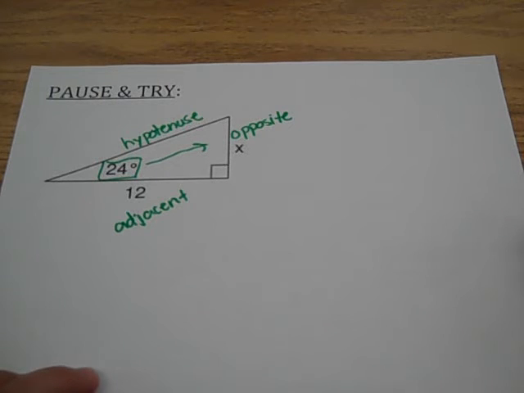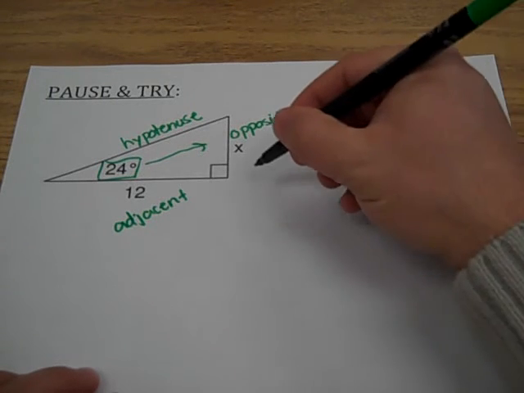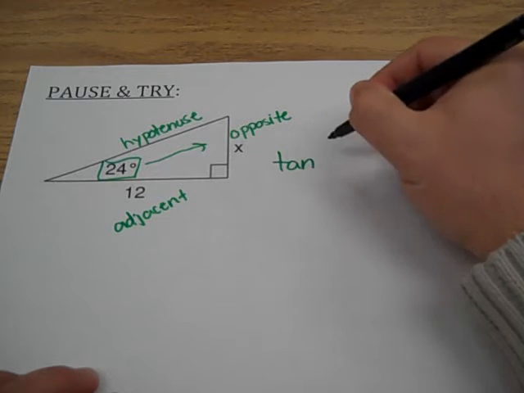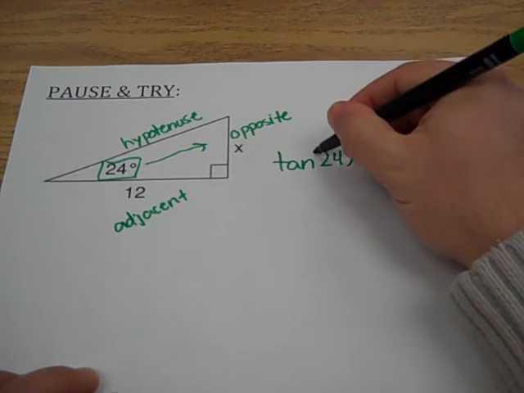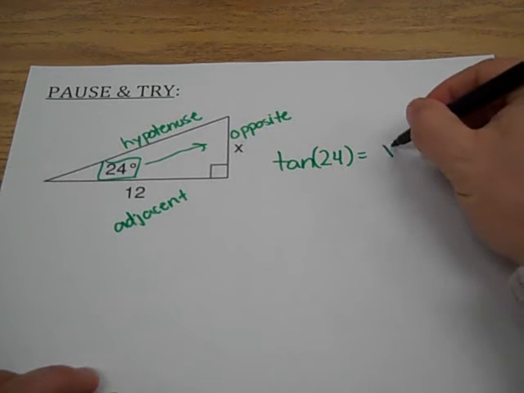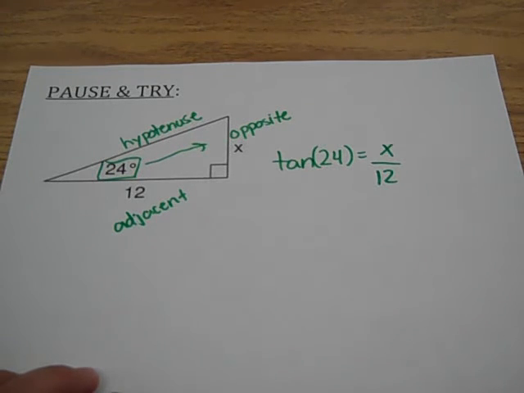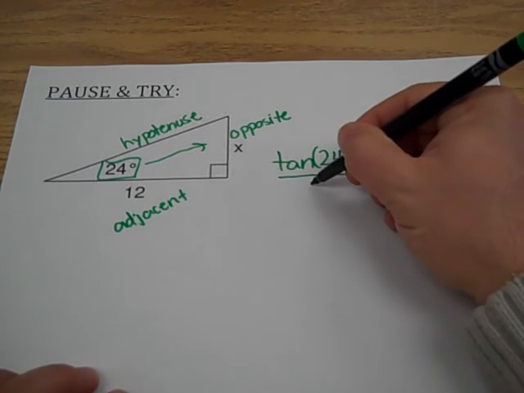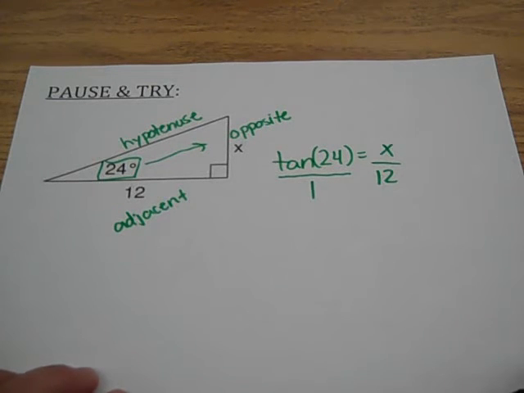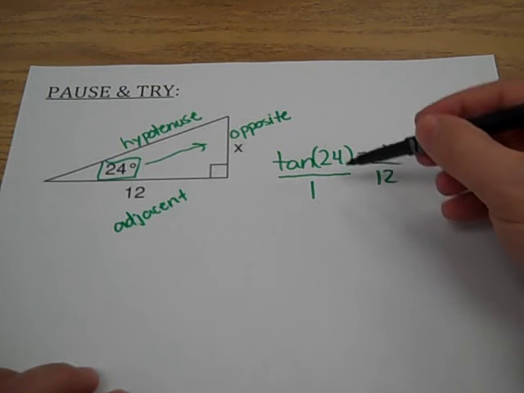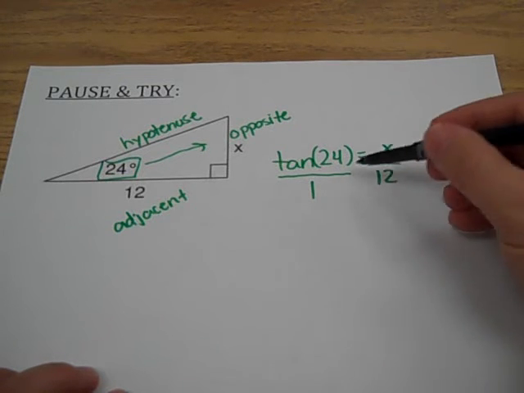Opposite and adjacent, those two values make up tangent. So I can say the tangent of 24 is equal to the opposite side, which is x, over the adjacent side, which is 12. Then I'm going to use my, I don't want to call it a trick because it's not a trick. It's just mathematically correct. I'll divide this side by 1, and I can cross multiply.